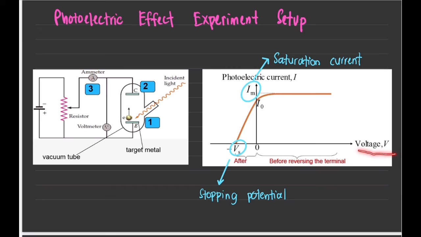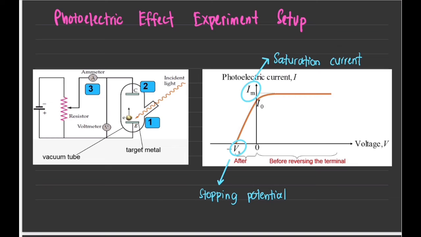When the positive voltage across the cathode and anode is increased by adjusting the rheostat, more photoelectrons reach the anode. Thus, the photoelectric current will increase. As the positive voltage becomes sufficiently large, the photoelectric current reaches a maximum constant value called saturation current.